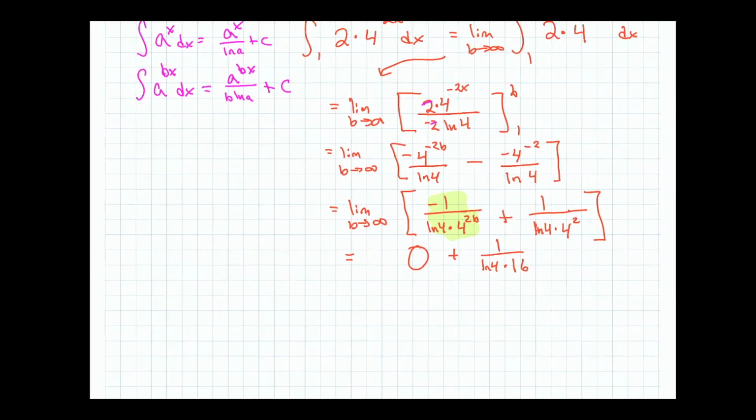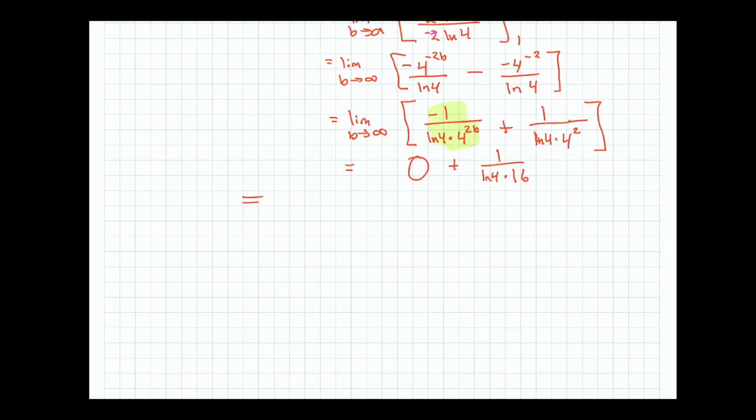Point is, the integral converges. You don't care about the number, you just care that there is a number. Integral converges. What does that mean? The integral converges, that means that the series converges as well.